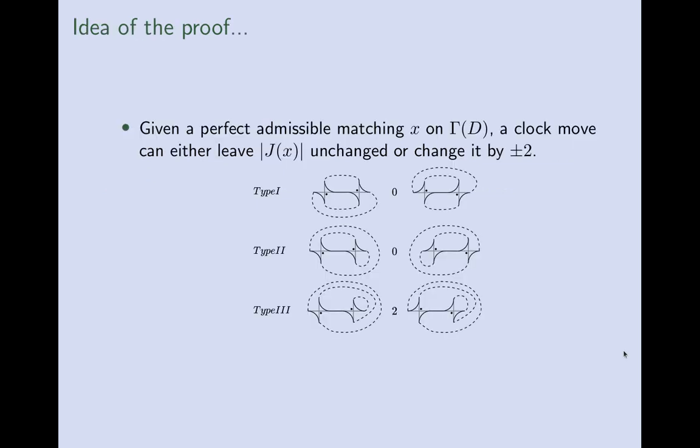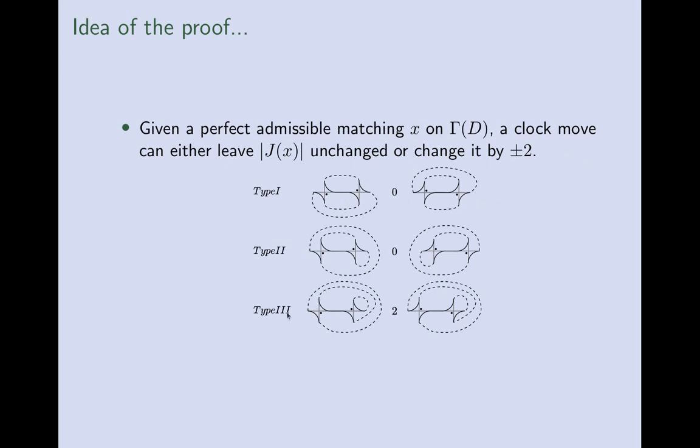Okay, so let me first say that given a perfect and admissible matching on the Tait graph, clock moves can have different sorts of behaviors with respect to the number of connected components of the Jordan resolution. So either they leave this number unchanged or they change it by plus or minus 2.